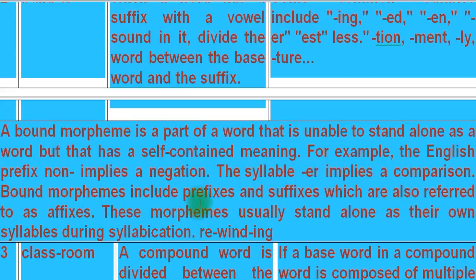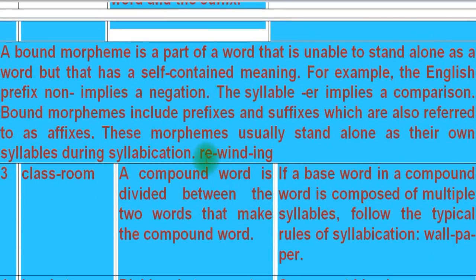Vowel morphemes include prefixes and suffixes, which are also referred to as affixes. These morphemes usually stand alone as their own syllables during syllabication. For example, relating: relate is the base or the root word, re is a prefix, and ing is a suffix. So the prefix and the suffix are vowel morphemes.